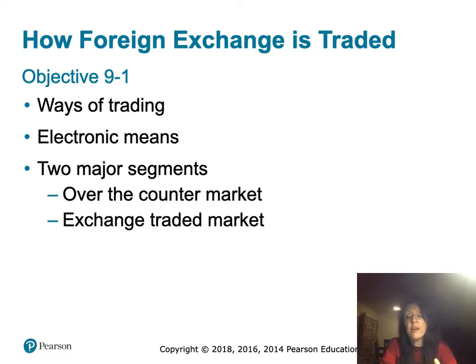Those are the key players in the over-the-counter market. The exchange-traded market comprises securities exchanges, such as the CME Group, NASDAQ, and Intercontinental Exchange, ICE, where certain types of foreign exchange instruments, such as futures and options, are traded.